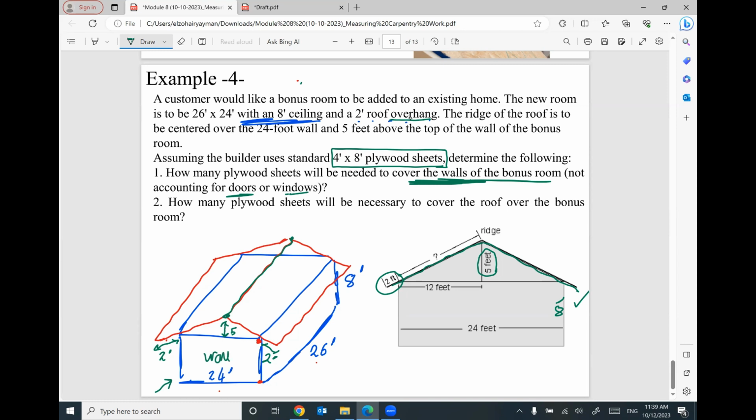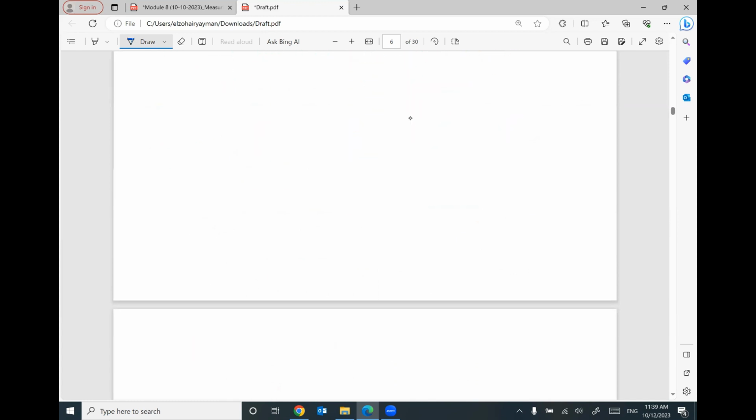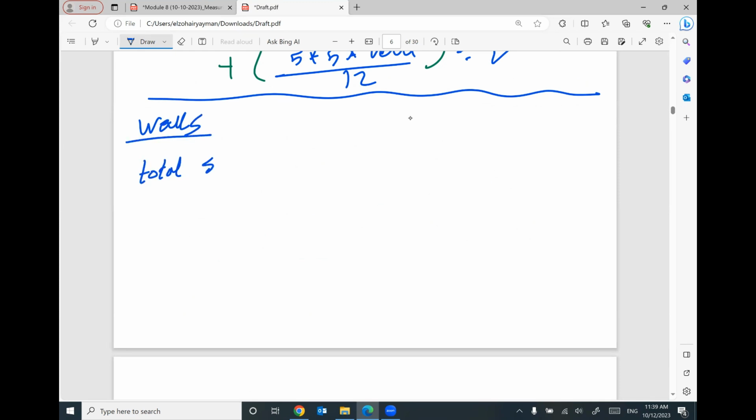This is a wall. This is a wall. We have another wall on the back and on the other side. So let's start with the walls. What is the total surface area of the walls?